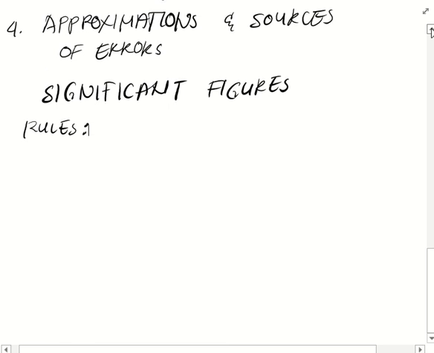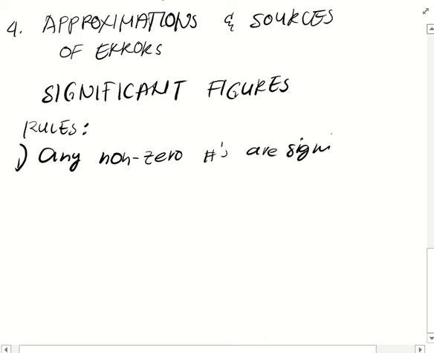We need to consider the first one: any non-zero numbers are significant. So any non-zero number, we consider them significant.